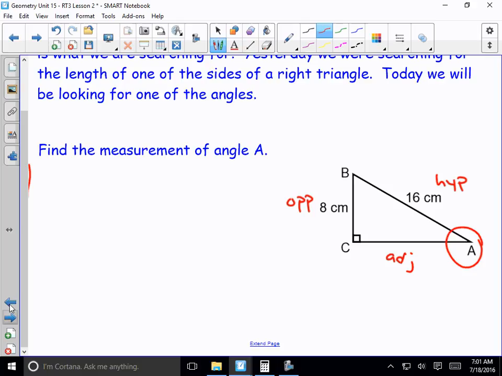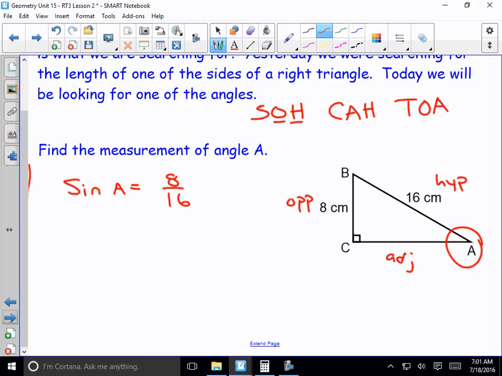Using our mnemonic device, SOHCAHTOA, we have an opposite and hypotenuse length, so we're going to use the sine of A equals opposite 8 over hypotenuse, which is 16.